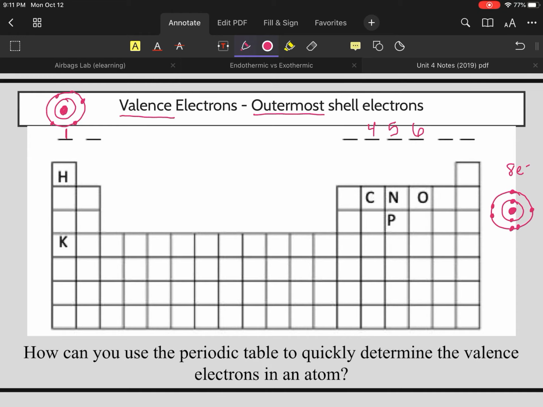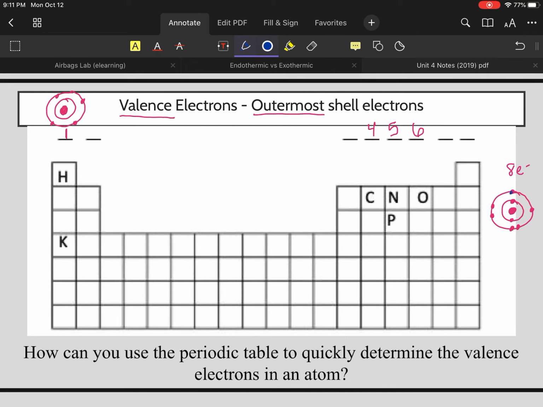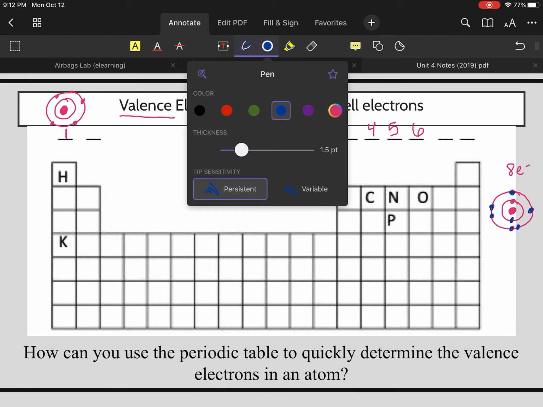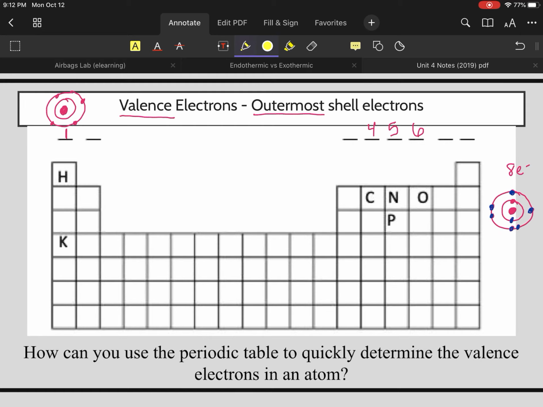Let me go over those in blue so you can tell the difference where they are. So there's my 8 electrons, and remember my valence electrons are just those that are on this outer layer right here. So it's just these 6. Okay, so that's where I'm getting my 6 valence electrons.